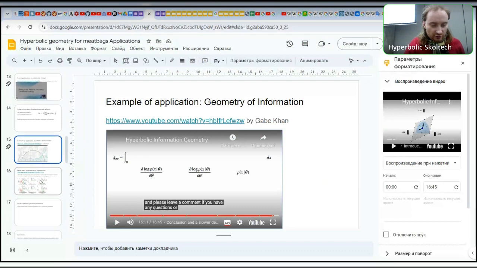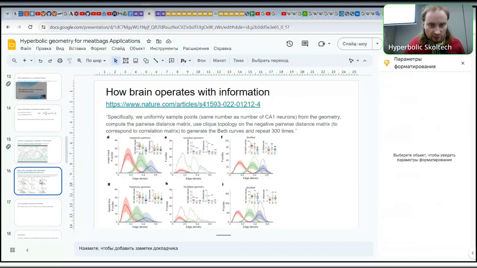So that's it. Now I continue. Actually, there were a whole bunch of such articles. Here is an article from Nature journal.